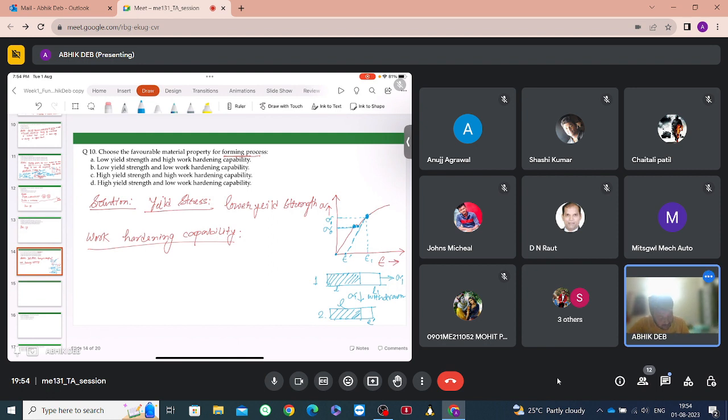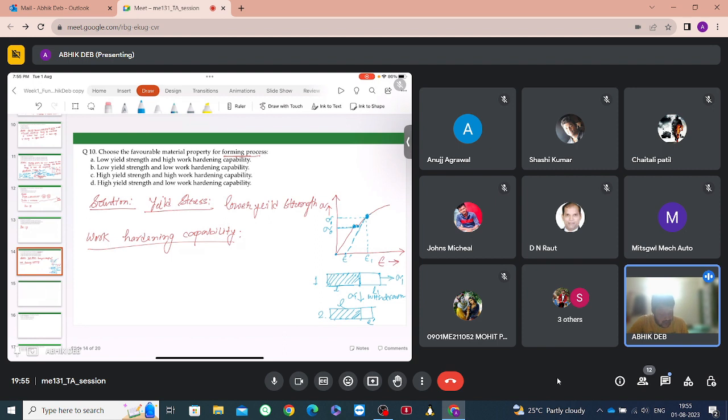Suppose this length L, if it was loaded till sigma naught, the yield strength value, then it would have come back to its original length L. Now, but we don't do that. We elongate it using some sigma 1 stress which is more than the yield strength, and then we remove that load sigma 1.